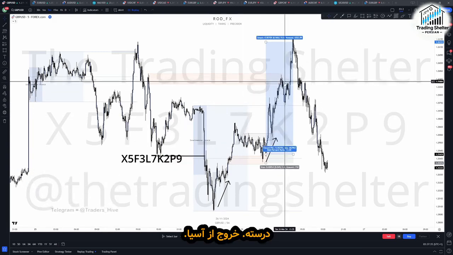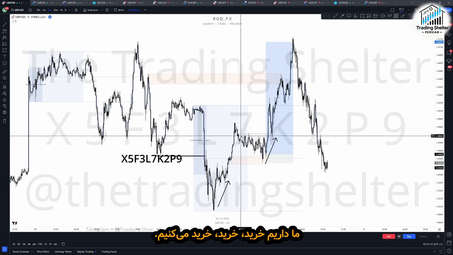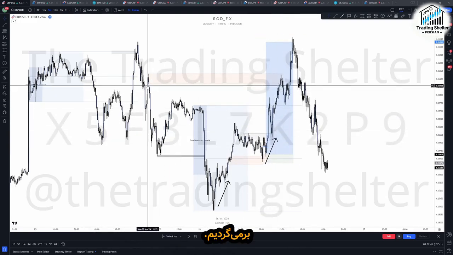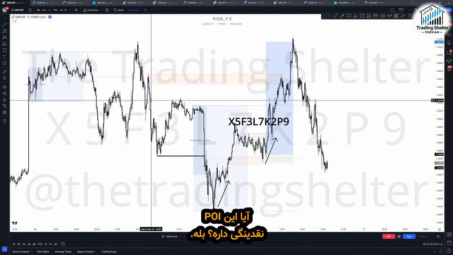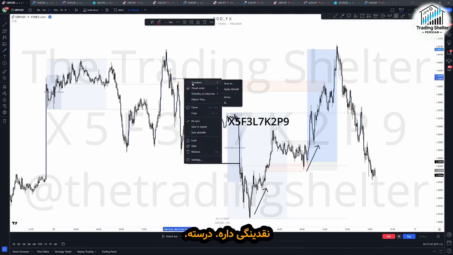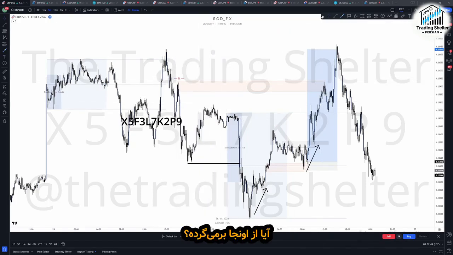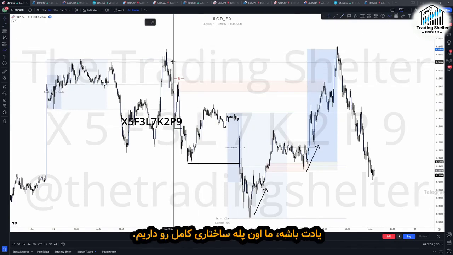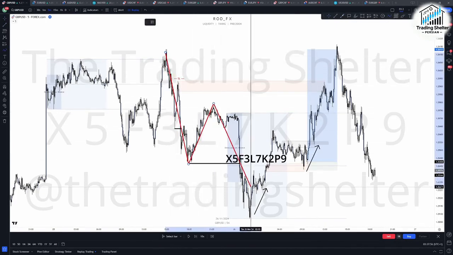Coming out of Asia, we're buying. Then we react to this POI. Come back. Does this POI have liquidity? Yes, it has liquidity, right? Will it reverse from there because of this? No, remember, we have that whole structural leg, right?